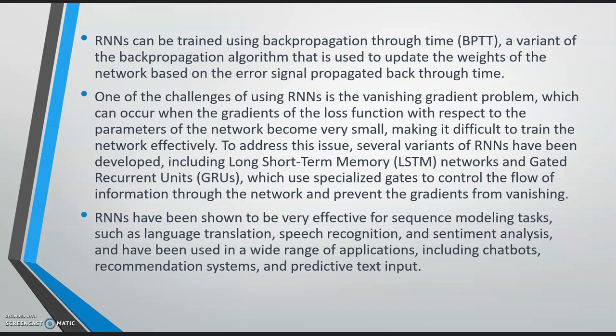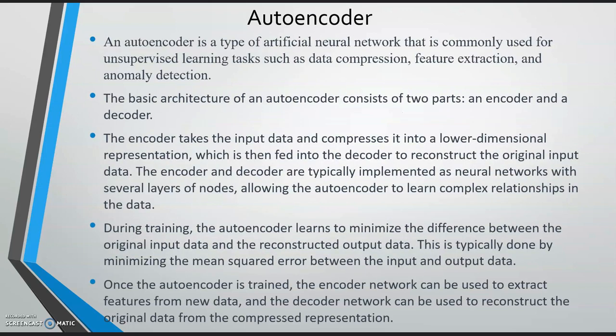RNNs have been shown to be very effective for sequence modeling tasks such as language translation, speech recognition, sentiment analysis, and have been used in a wide range of applications including chatbots, recommendation systems and predictive text input.